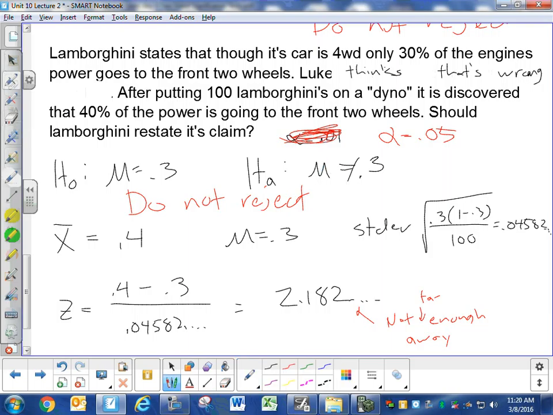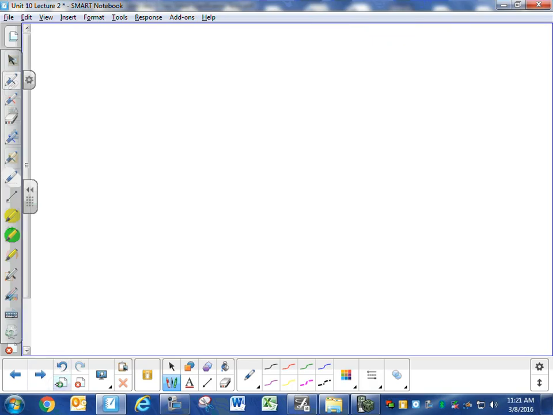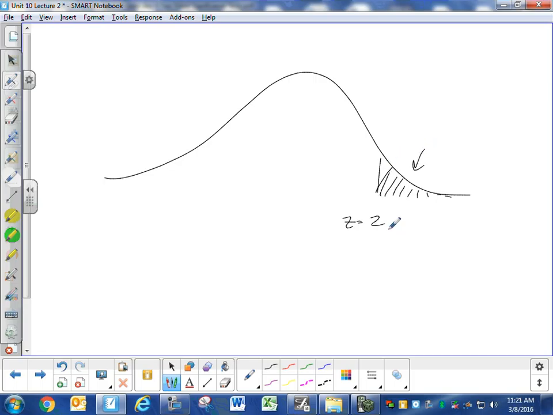Okay? Now, what happens when we have this change is that when we have our normal curve and we find our z value, say we have a z of 2, and we find our p value, let's go 2.5, because we already did that. We are going to not only find this here, but we will also find the probability that we will have something as far away below our mean.